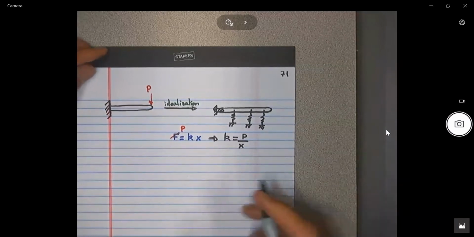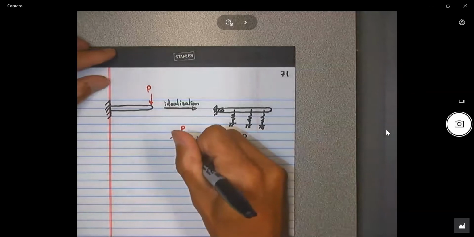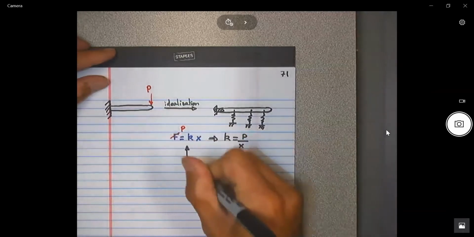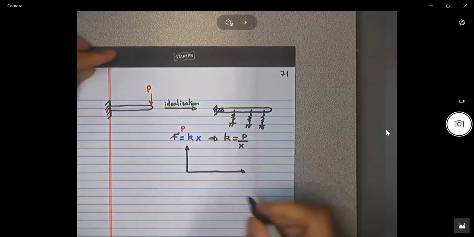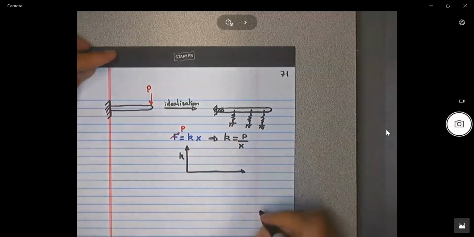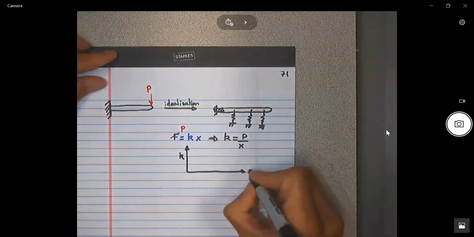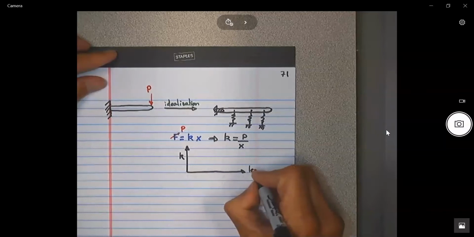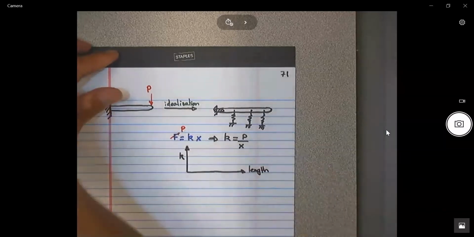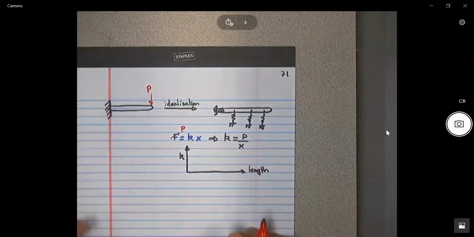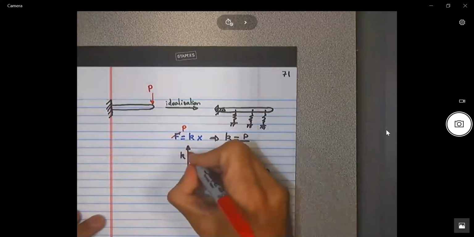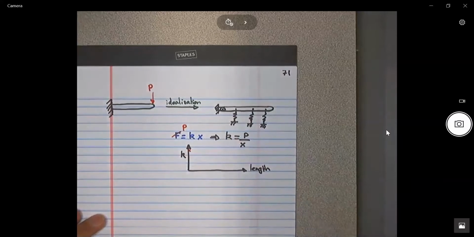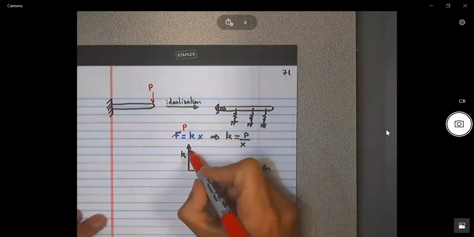Okay? So let's say if you had a wing, kind of completely make it up, if you had the spring and let's say this was the length of the wing, so length, and maybe you have seen somewhere this figure. So what would be the stiffness bigger? Obviously it will be at the root will be the maximum value, no? But let's say you have different springs.